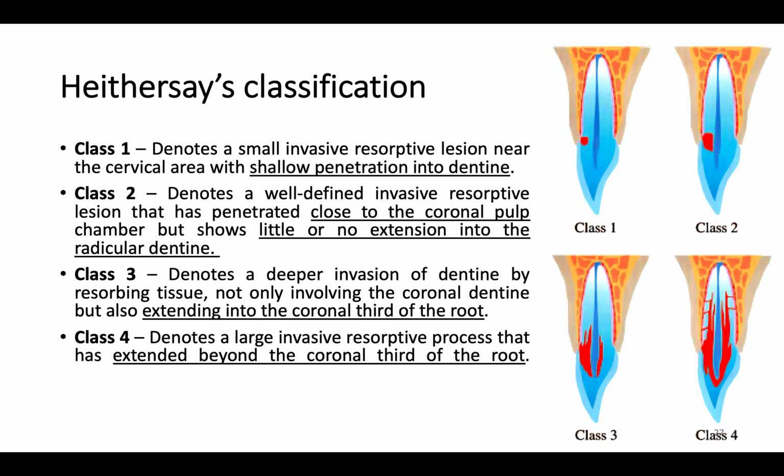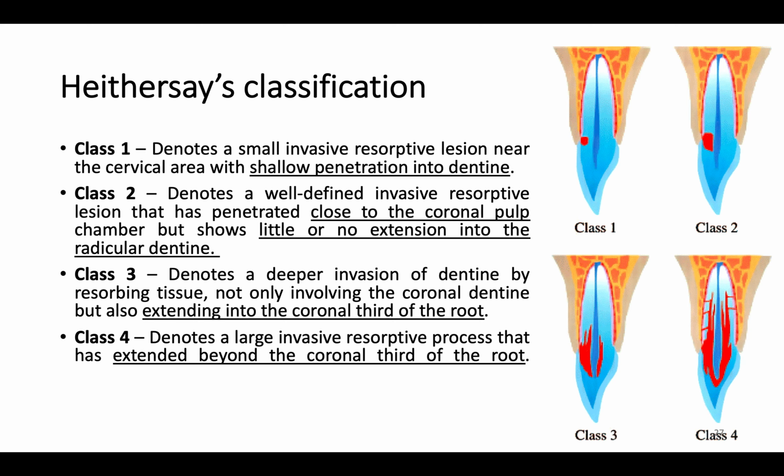Heithersay has classified the invasive cervical resorptive defects into 4 classes, depending on the severity and the location of the resorptive defect. If it is just a shallow cavity in the coronal dentine, then this is class 1.